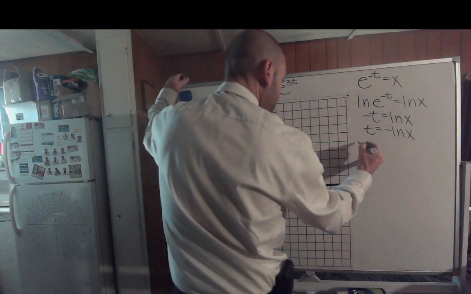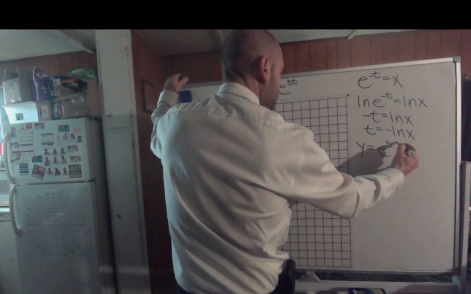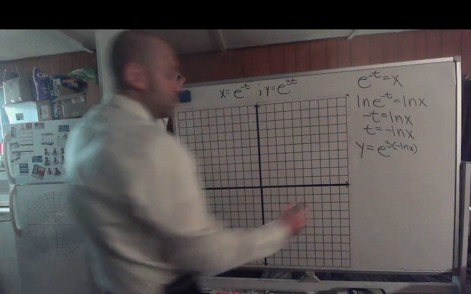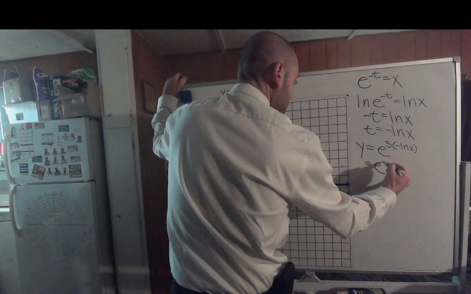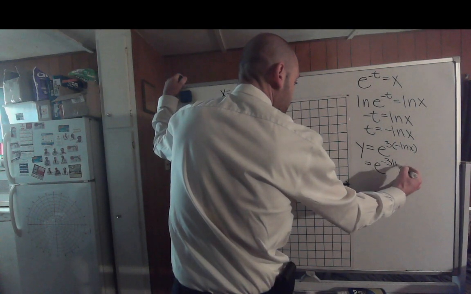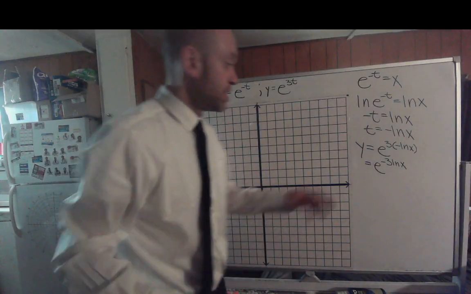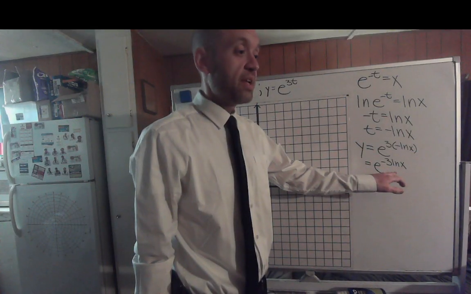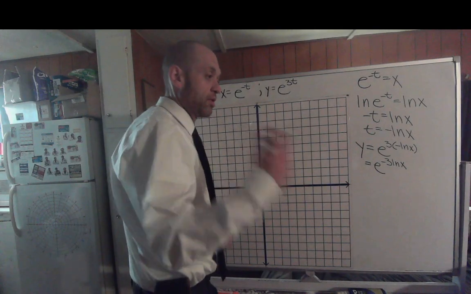So we've solved for t in terms of x, but we still have to stick this into our y equation. So y is going to equal e to the 3 times that negative natural log of x, which we could simplify as e to the negative 3 natural log of x. Now, what is a property of logs? You have a coefficient on the logarithm. That's the same thing as the log of the quantity raised to the power of that coefficient.